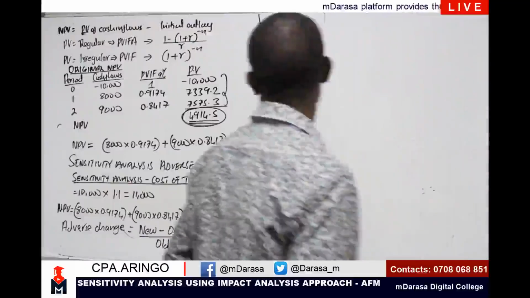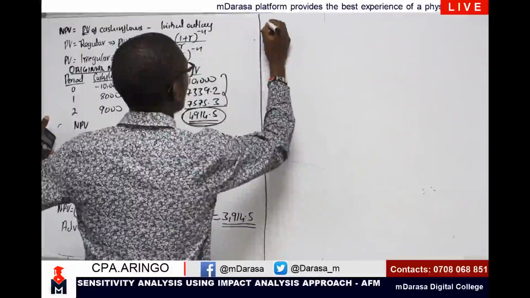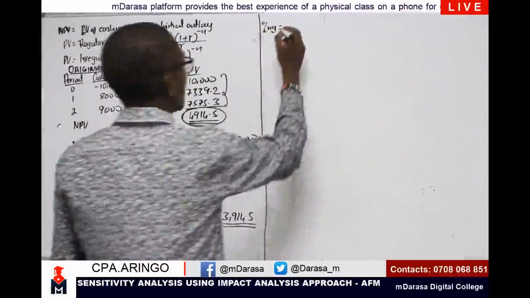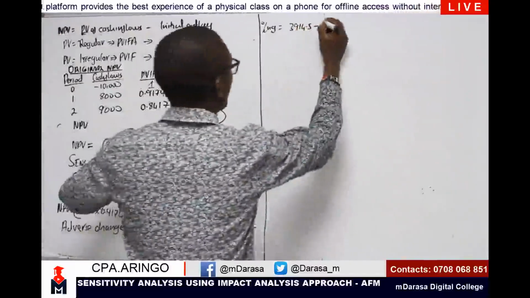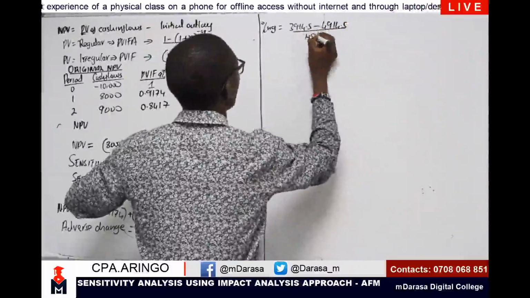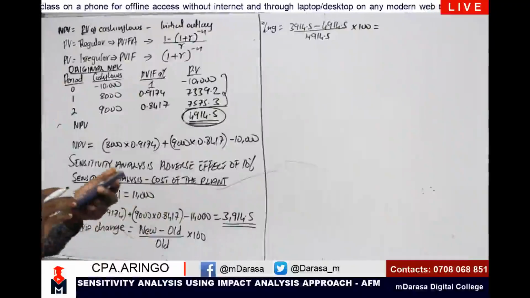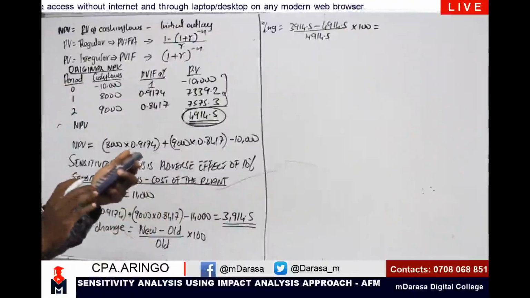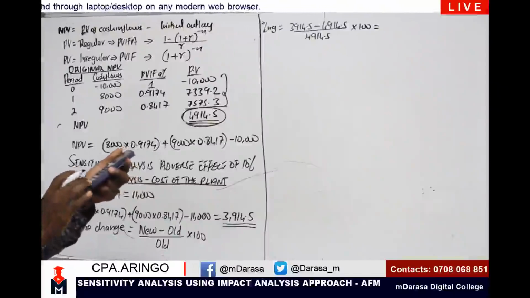So our new NPV is 3914.5 minus our old NPV, 4914.5, divided by our old 4914.5, times 100.